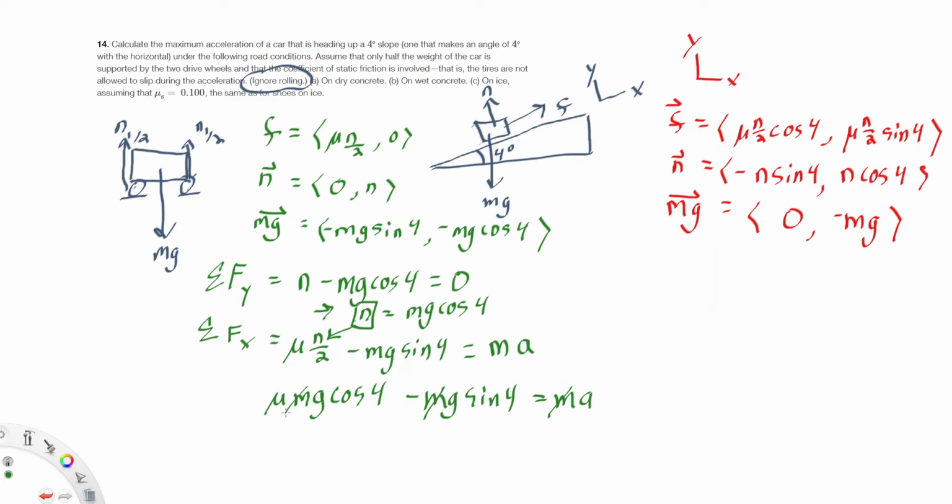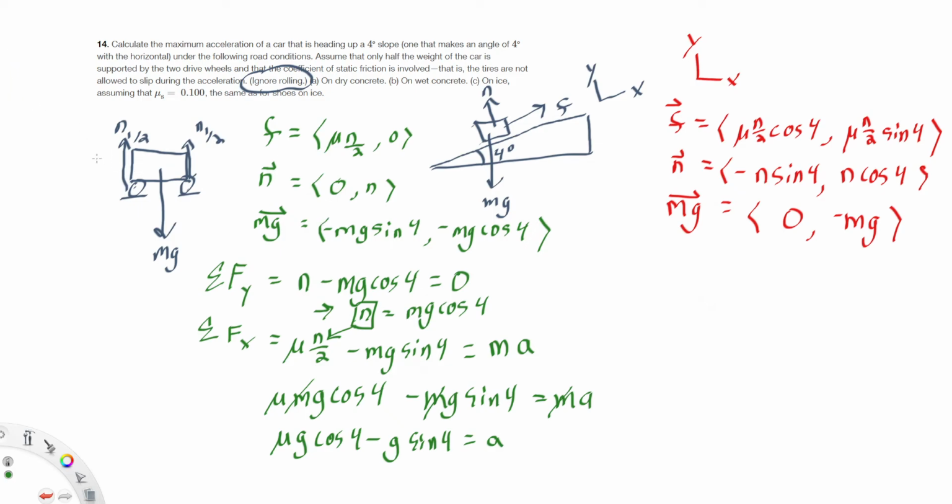Got an m in every term, so just divide that out. There we go. There's our acceleration in the x direction. And then for A, B, C, we just have to plug in different values of mu.